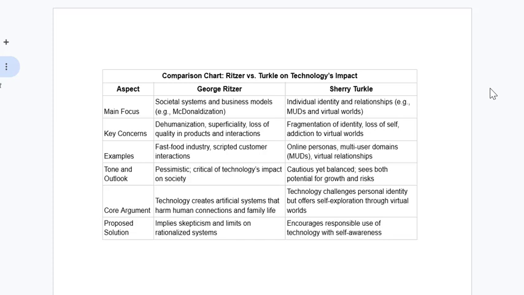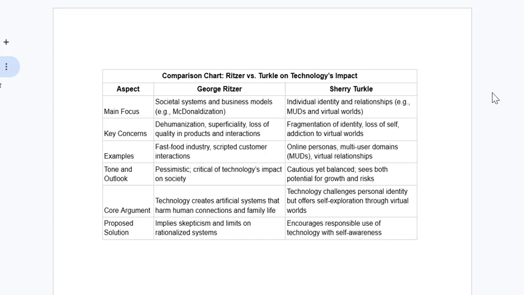The key concerns of Ritzer are dehumanization, superficiality, loss of quality in products and interactions, and Turkle's key concerns are fragmentation of identity, loss of self, addiction to virtual worlds. Ritzer uses the fast food industry and scripted customer interactions as examples, and Turkle uses online personas, multi-user domains, and virtual relationships.